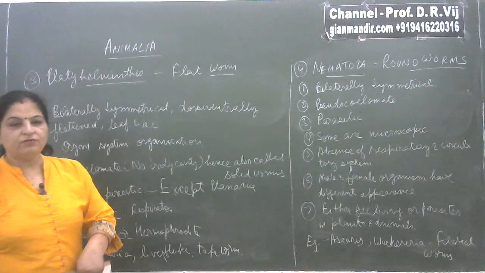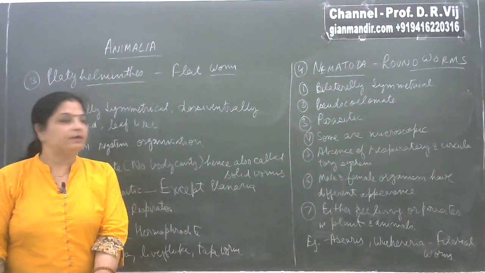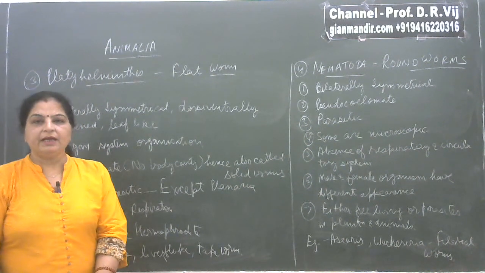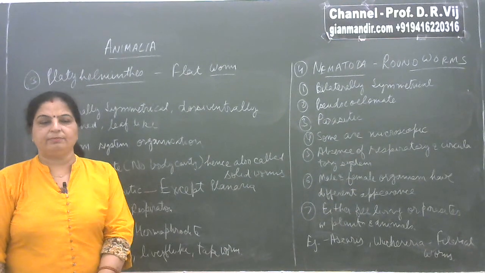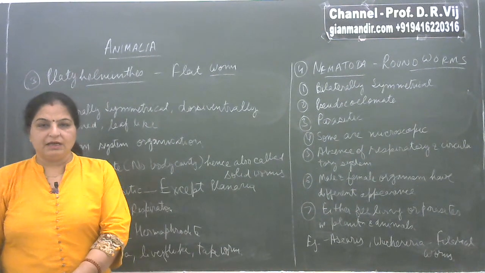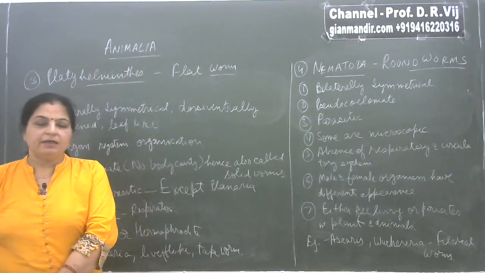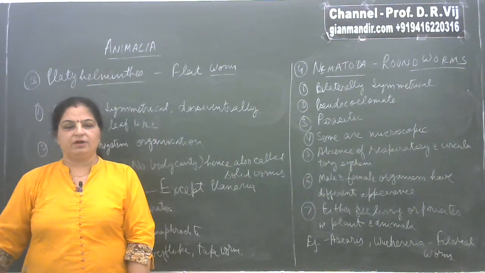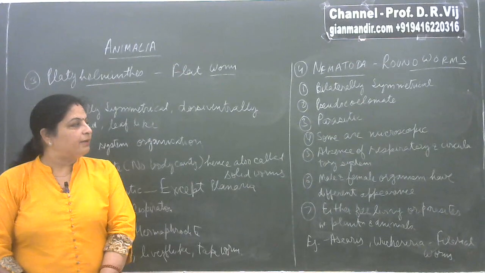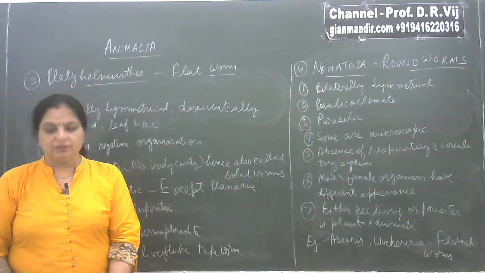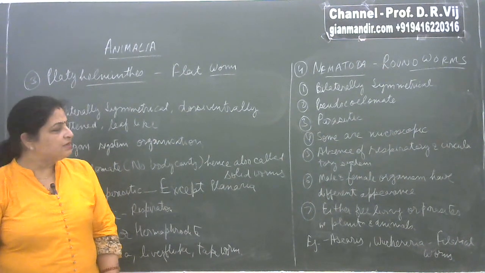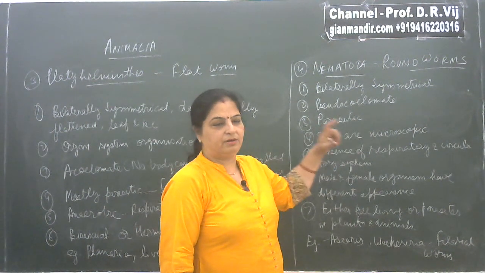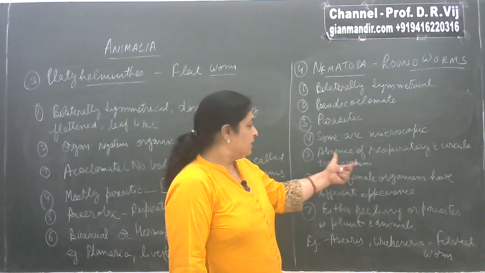So another phylum of the animal kingdom is Nematoda, commonly known as roundworms. As you have seen, their body is bilaterally symmetrical, cylindrical, and pseudocoelomate, not having any true body cavity, with a parasitic mode of nutrition. Some of these are extremely small, microscopic, except Ascaris and a few others.